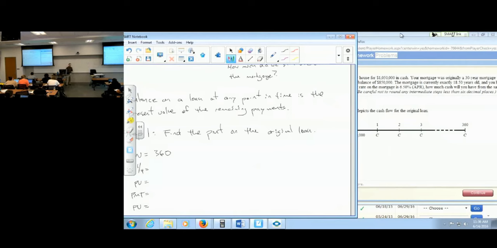My I over Y is the monthly effective rate, so I need to take that APR of 6.5% and divide it by 12, whatever that comes out to be. Present value is what I originally borrowed. We're working from the bank's perspective, so that's a cash outflow, a negative $850,000. Payment's what I'm looking for. Future value would have been 0 had we kept the original mortgage.